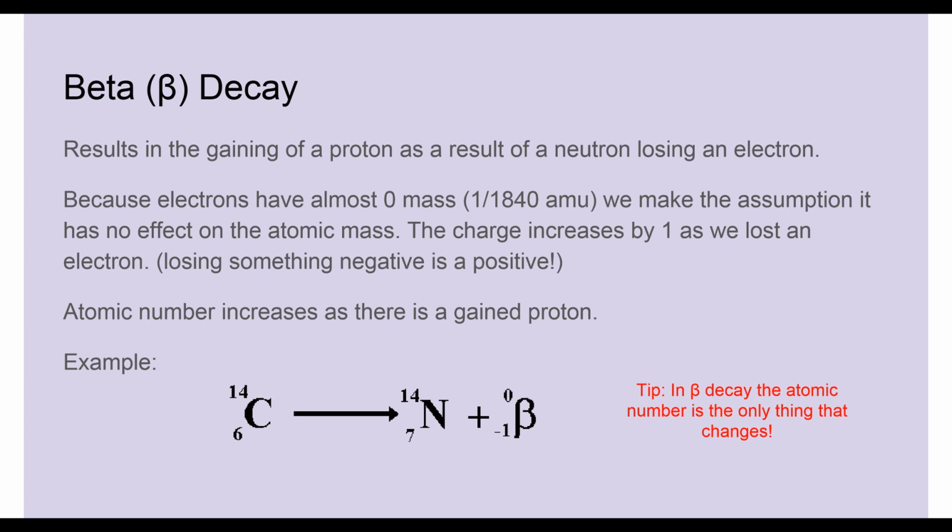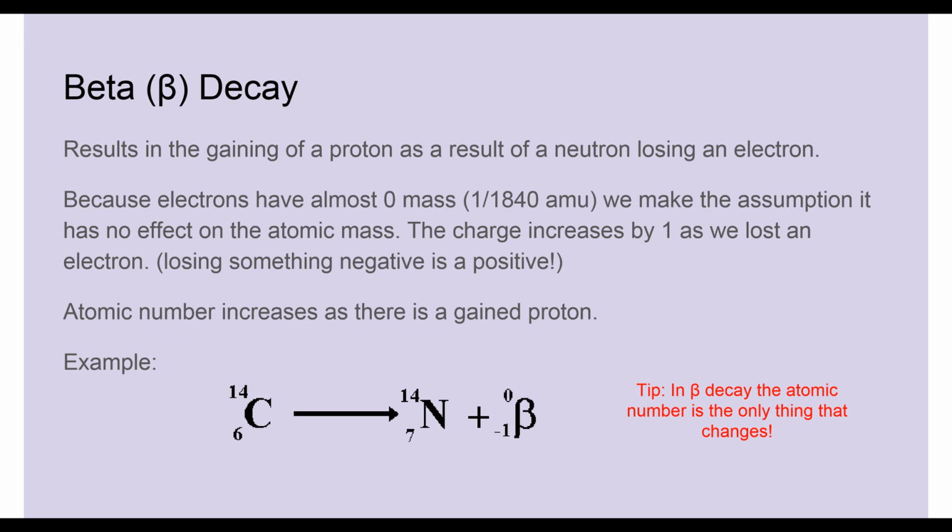All right, so let's talk beta decay. So beta decay results in the gaining of a proton as a result of a neutron losing an electron. So let's talk about this piece right here. That can be confusing because you may read that and think, well, hold on, how can a neutron lose an electron? That sounds weird. And it is.